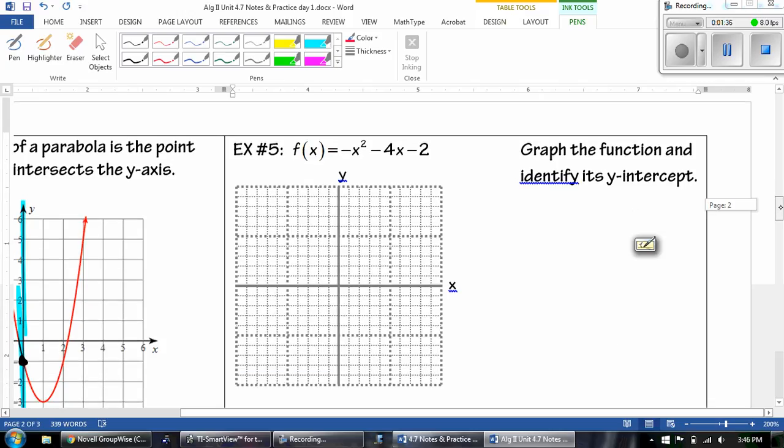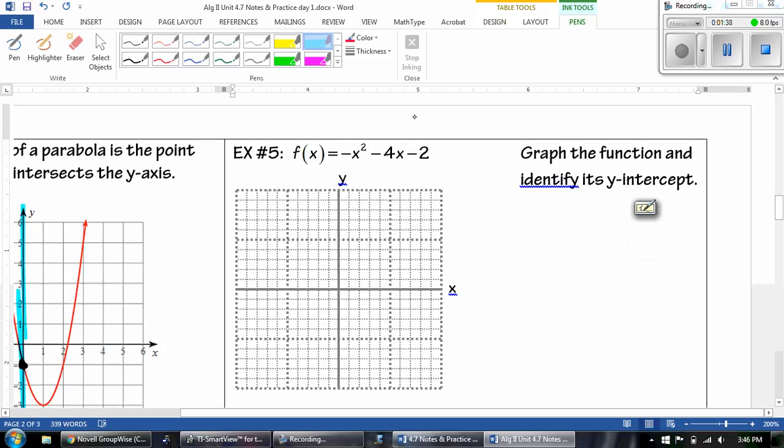So the first thing that we're going to do is take a look at the quadratic term. It's negative, since it's a -1, I know that it's going to be opening down. Since it's opening down, my vertex is going to be a max. It's going to be the max point.